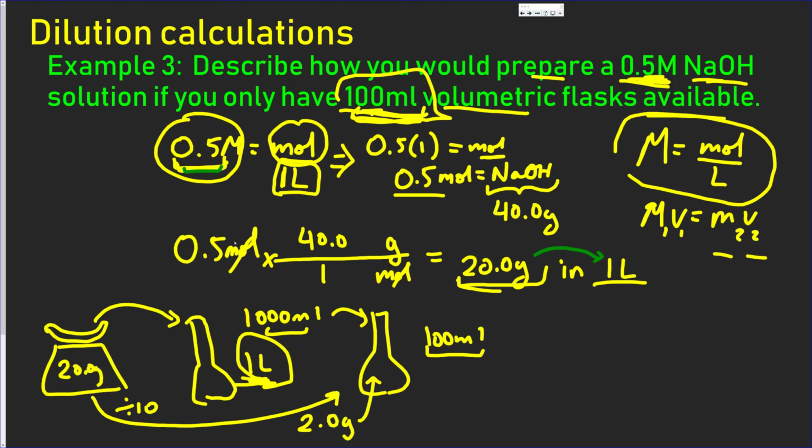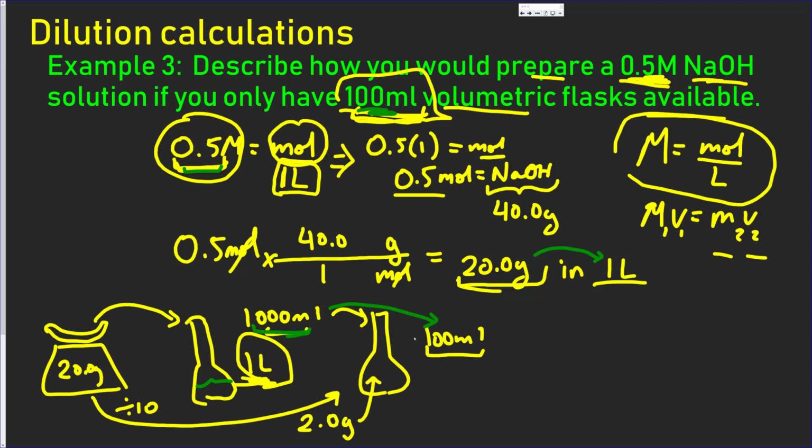So if you were to make this in a lab, you would go to your scale, weigh 20 grams of NaOH, and put it into 1 liter of solution. But you don't have a 1 liter volumetric flask available. You only have a 100 mL volumetric flask, which is 10 times less, because 1 liter is 1,000 milliliters.